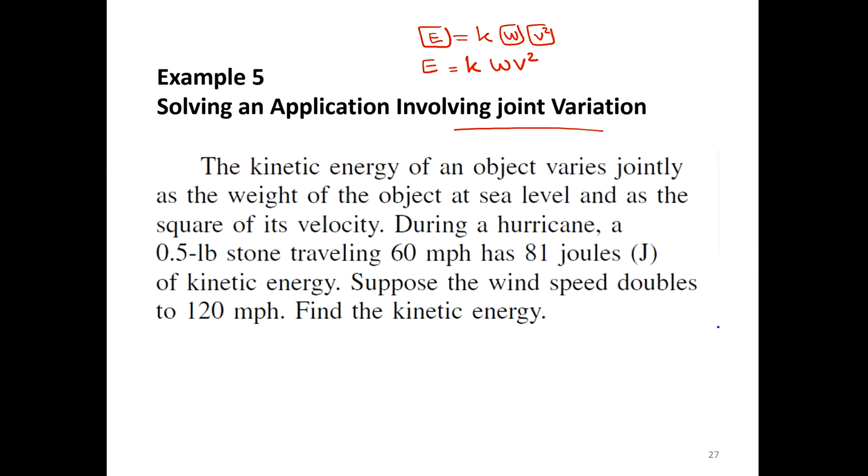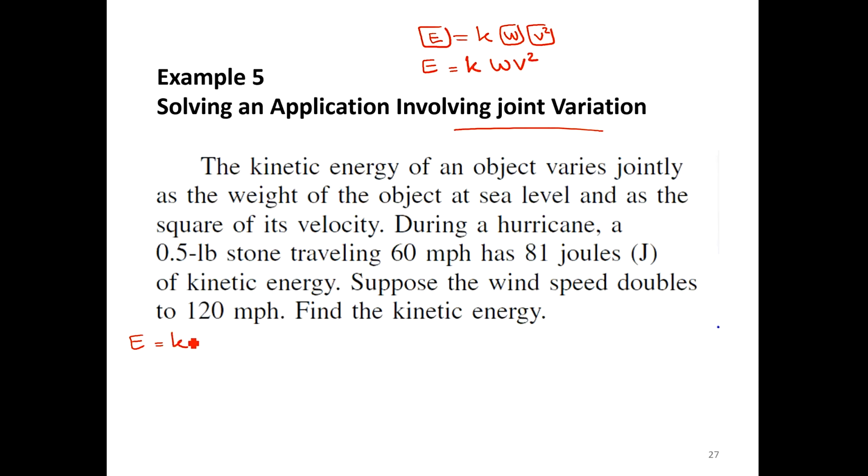Now during hurricanes, a 0.5 pound stone traveling 60 miles per hour has 81 joules. So we need to find the constant from this given value.